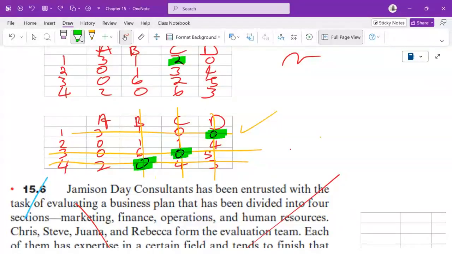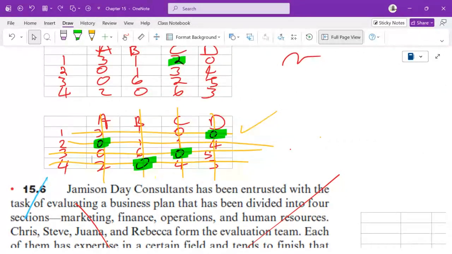Okay, who's still outstanding is this one here. Are they not all occupied? They are all assigned: 1 to D, 2 to A, 3 to C, 4 to B. They're all occupied. Which one comes first?